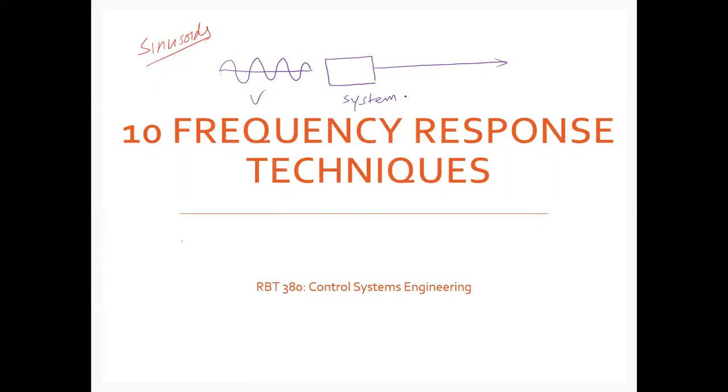Again, this is for the steady state. If the system is in steady state, and this is the sinusoid input, the good news is that the output is also a sinusoid. That makes our life too much easy.